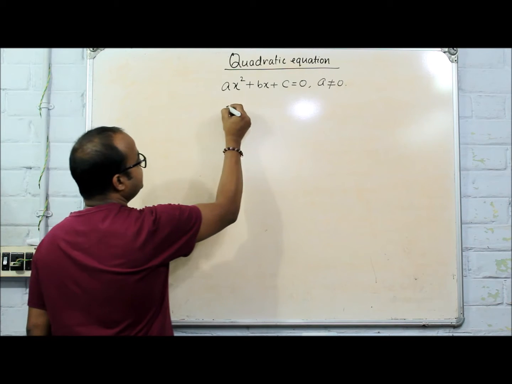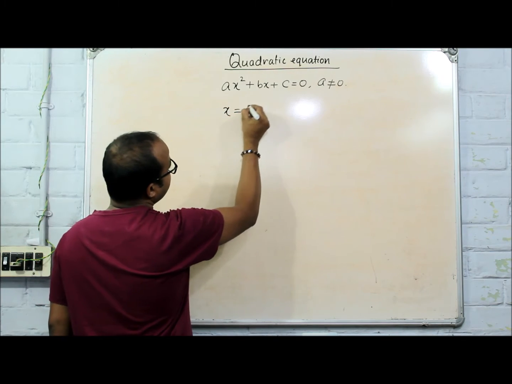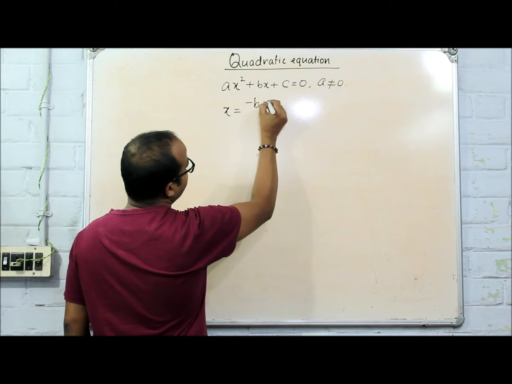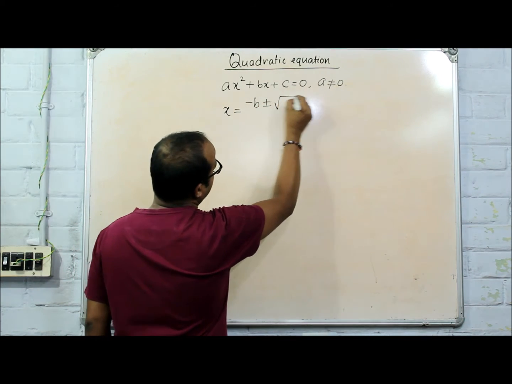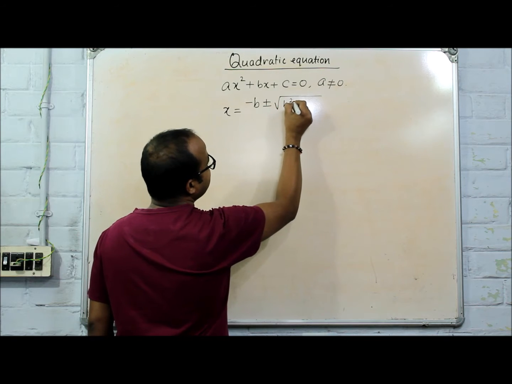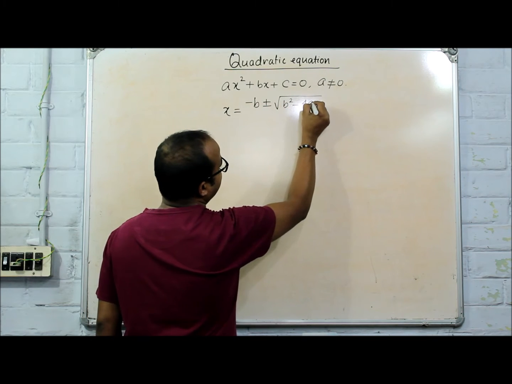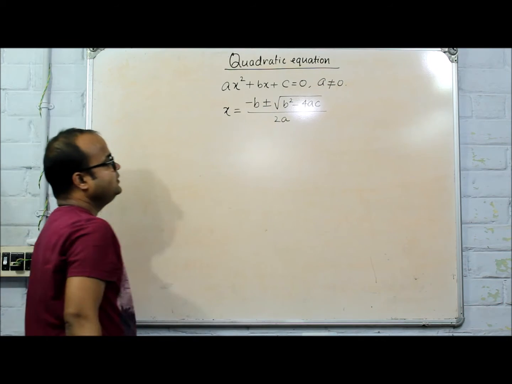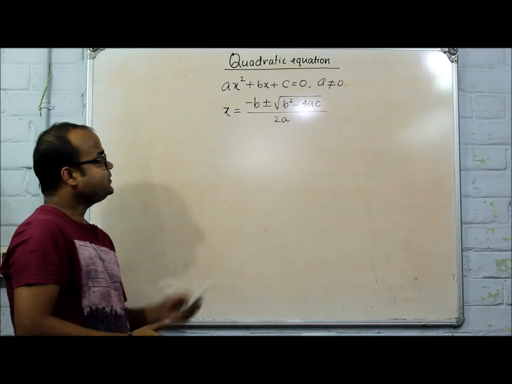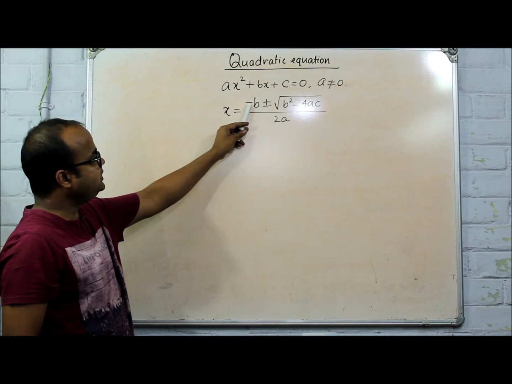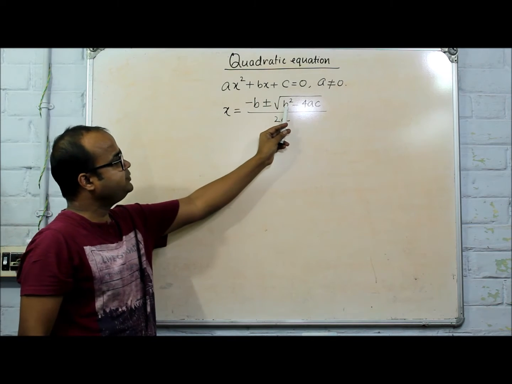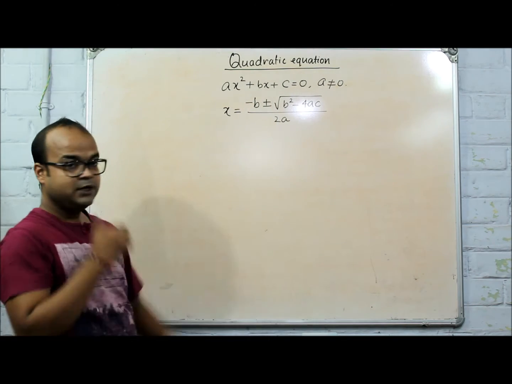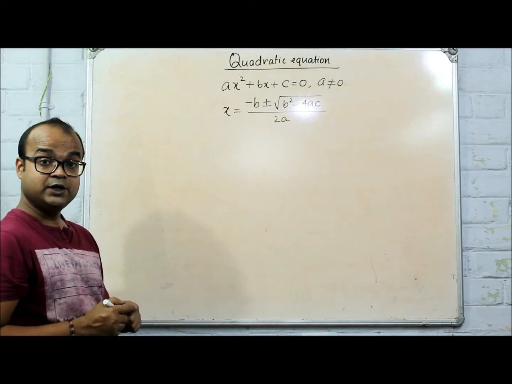So the formula is x is equal to minus b plus minus square root of b square minus 4ac by 2a. Again I am repeating, x is equal to minus b plus minus square root of b square minus 4ac by 2a. So what are the two values here?